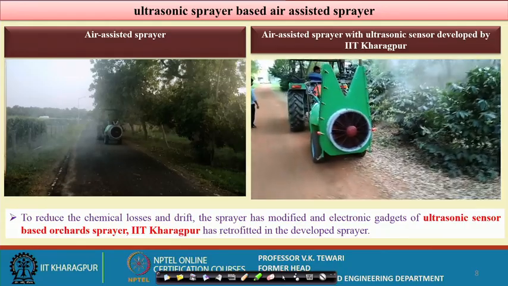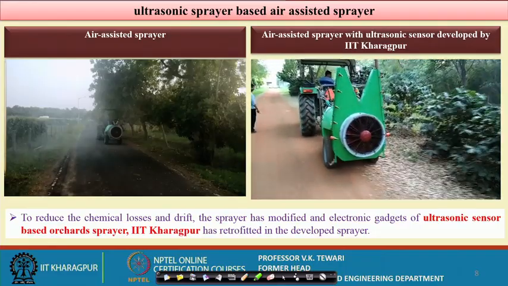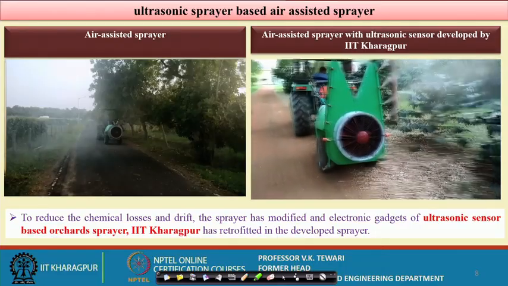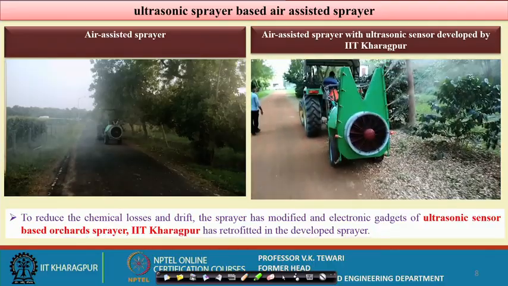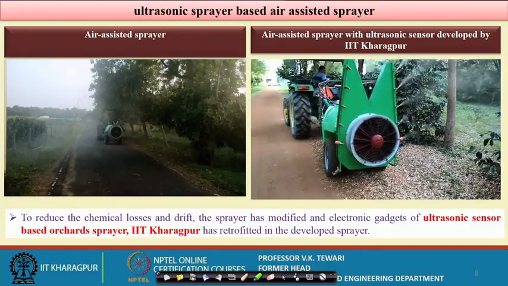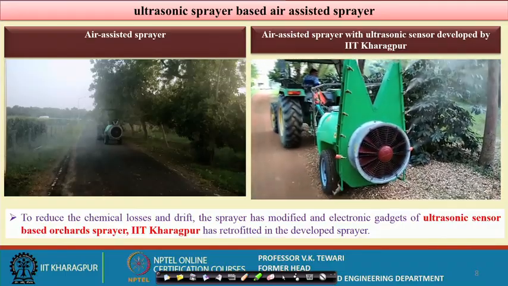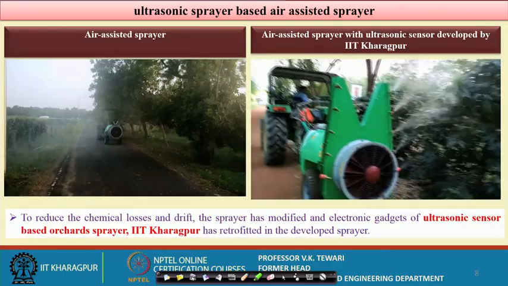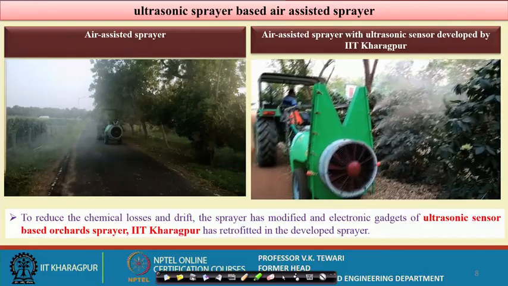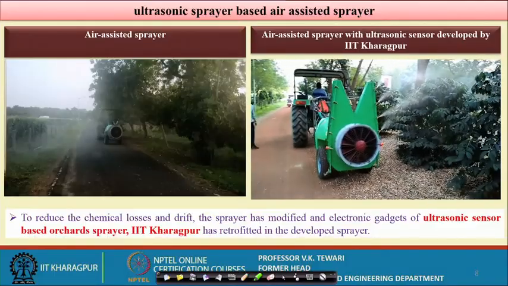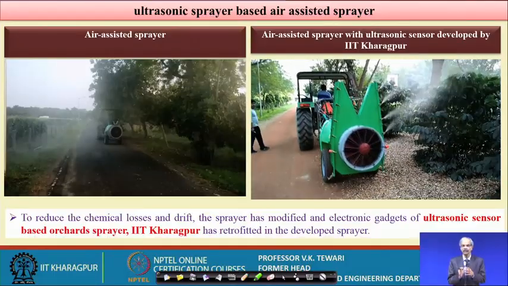You can see that these are the systems which are available here. There are certain modifications. In fact, this is the first prototype, the initial trial after fitting this system, the ultrasonic sensor developed at IIT Kharagpur. So, there could be some initial hiccups, and we need to change the orientation of all these things.